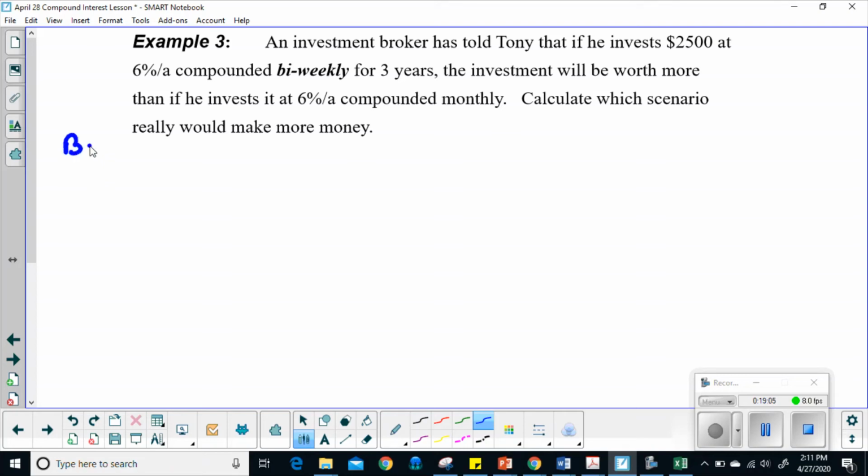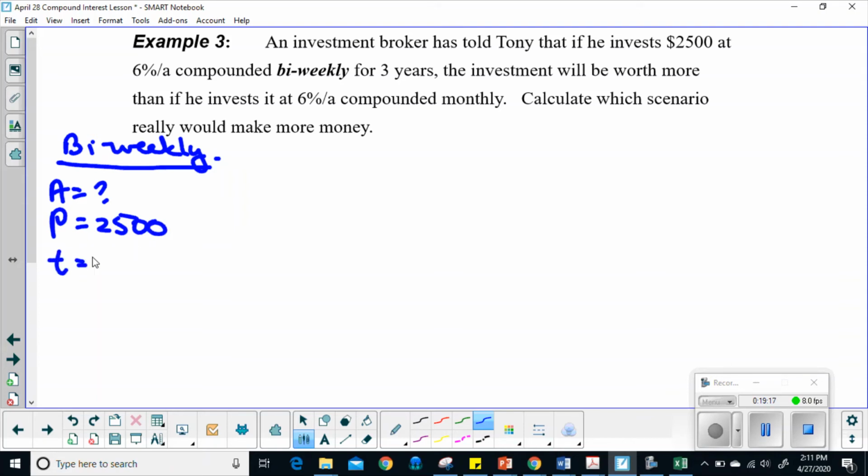My bi-weekly scenario, so we're looking for our final amount. We start with 2,500. We are talking about doing this for 3 years, and an interest rate of 6%, which converts to the decimal 0.06. That's going to be the same for both of them.